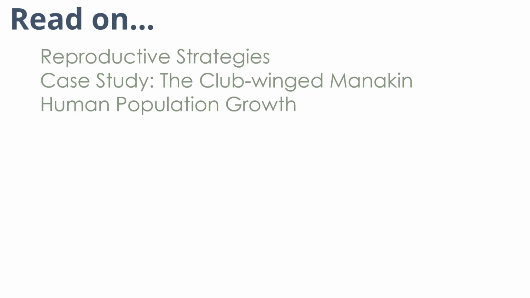So I want you to apply these concepts to the other sections and think about reproductive strategies and how those reflect the life history strategies we explored here. And this week we have one case study, the club-winged manakin, and you'll explore why evolution could select for worse flight abilities in birds, and then think about how these concepts apply to human population growth.